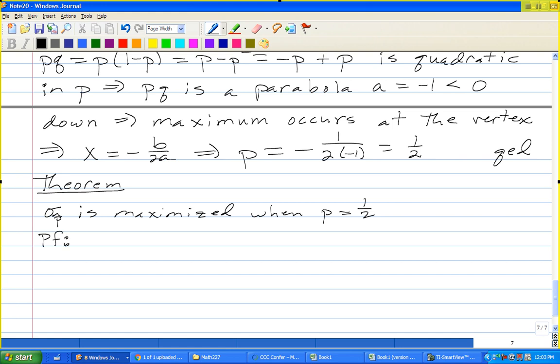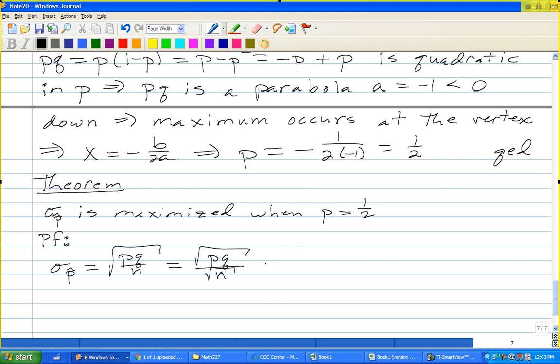Well, I have that the standard error is just the radical of pq over n. Okay. And n here is a constant. So the only thing that varies is p and q. Of course, q is related to p. And we will maximize this when p times q is maximized.